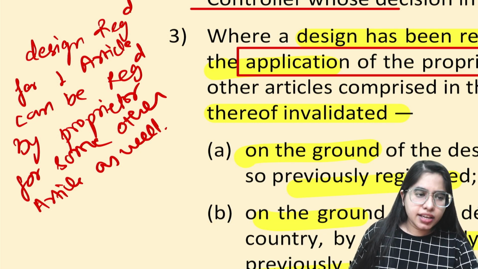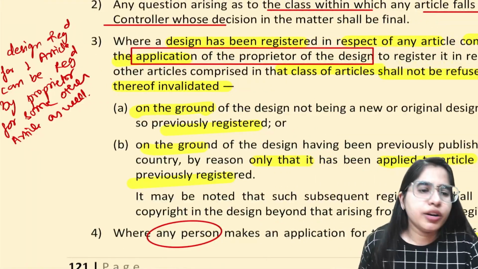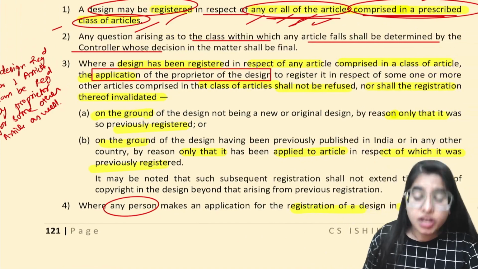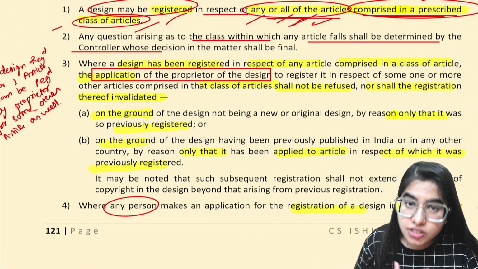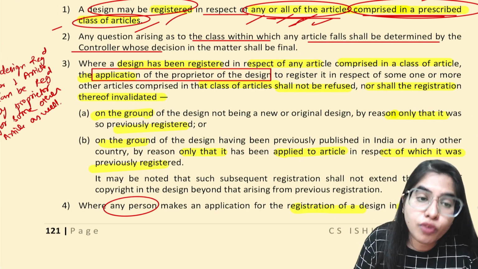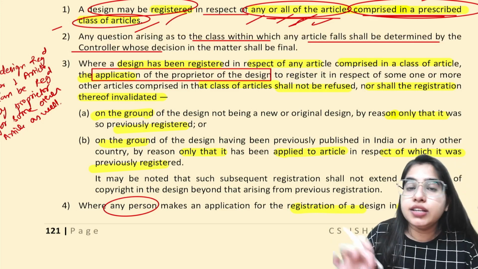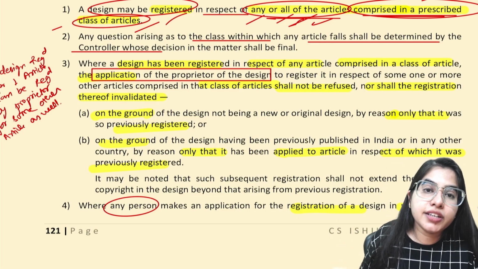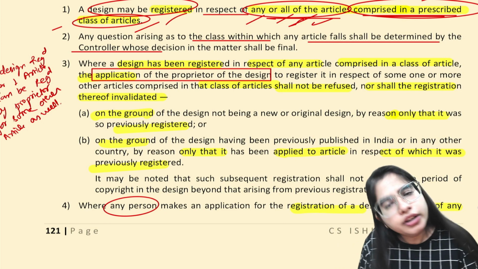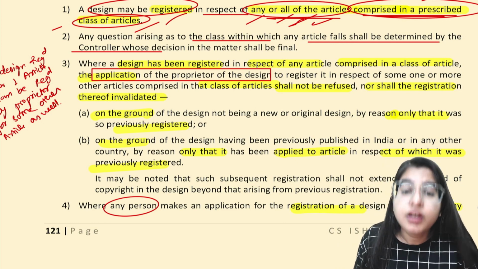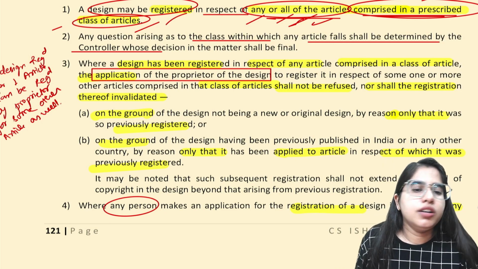Are you understanding? So how can you do so? You can do so by making an application. Just because you have already registered that shape of the bottle for a soft drink bottle doesn't mean that you cannot further apply and register it for a water bottle. You can definitely do so. The proprietor of the design can do so.